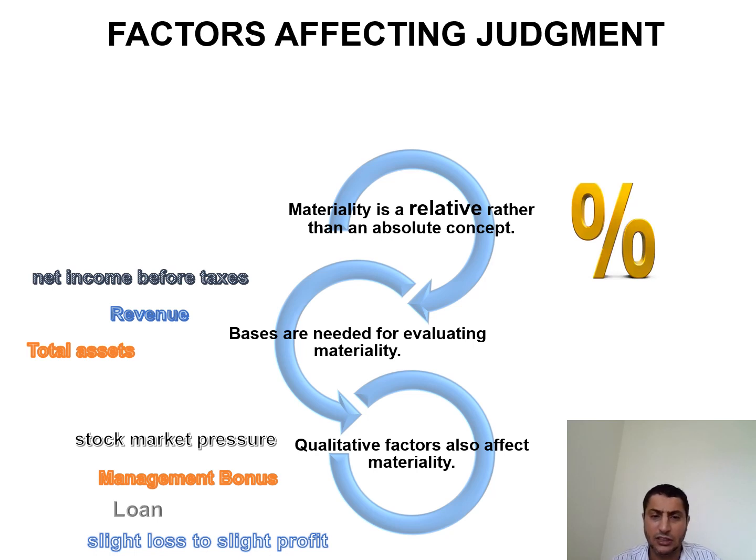The management bonuses: if there is a scheme of management bonus and compensation, let's say if they have a profit of 1 million, the bonus will be 5%. But if they have more, from 1 million to 2 million, it will be 10% bonuses.